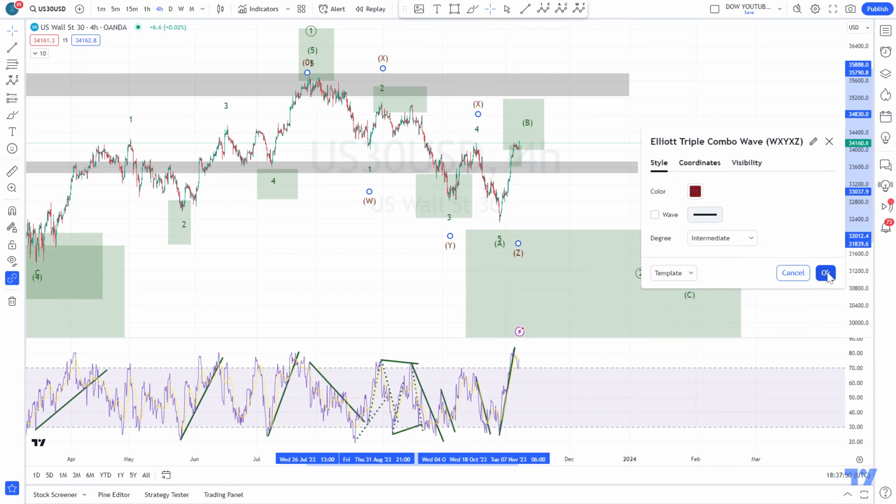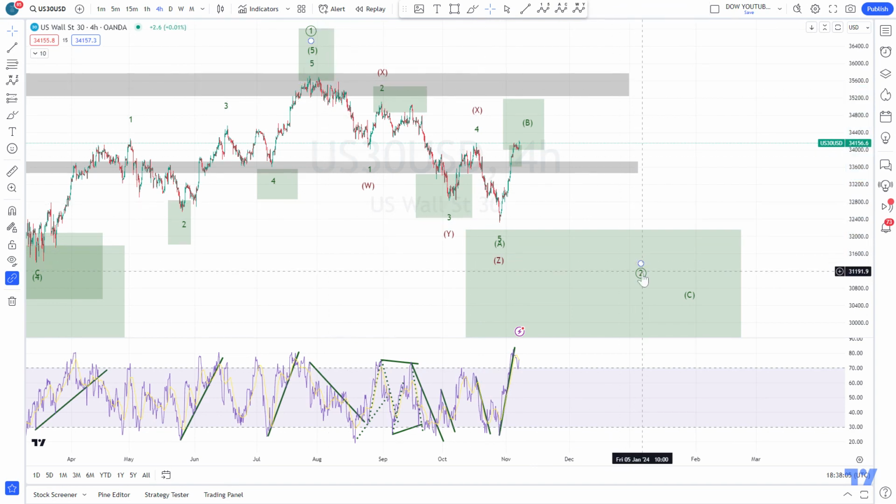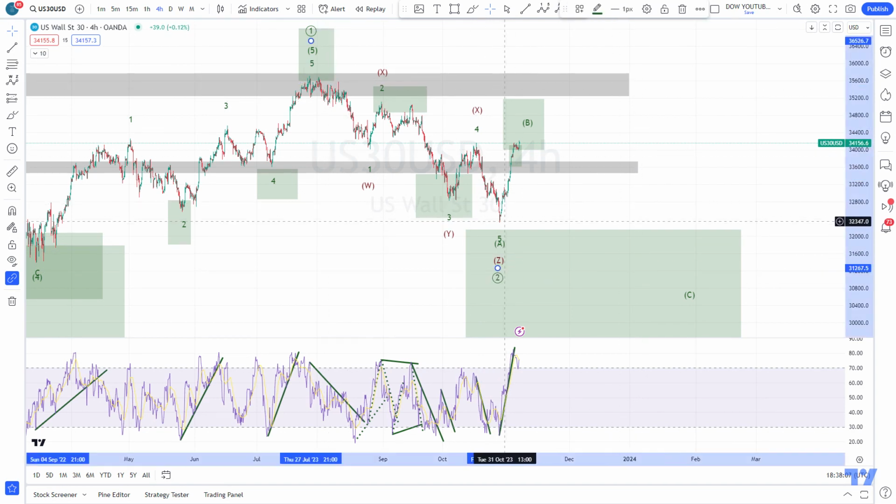It is something to consider, to take into account, that this could be the case, that it plays out like this. So that would mean, if we have the triple three correction down right here, that the wave 2 was finished here, and that we will see more upside from here.